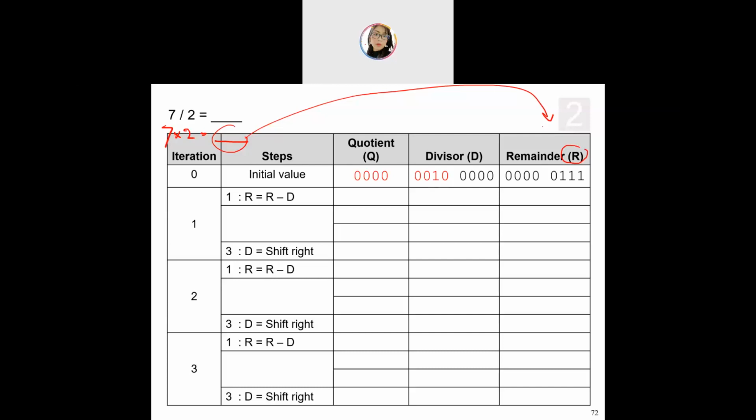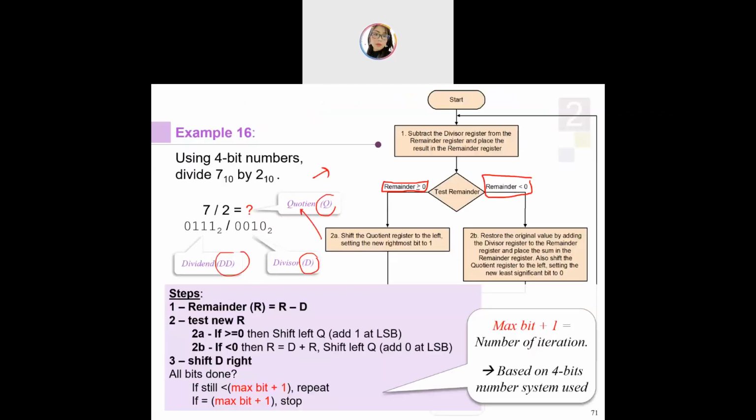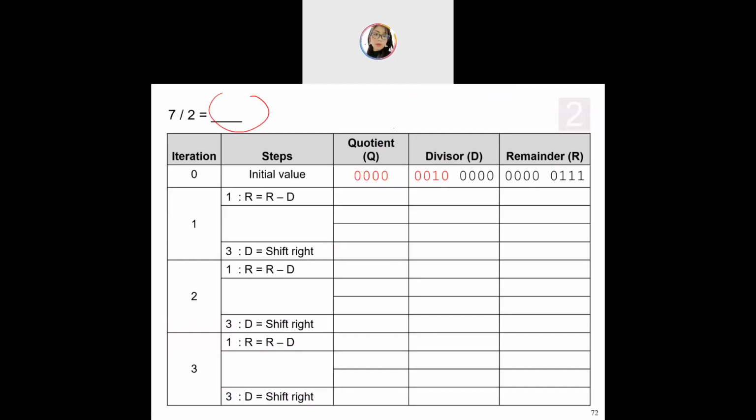But for division, it will be this one as the remainder here for the first initial value. And your quotient, because it's already mentioned, this is your quotient. Okay, so it will be quotient here, which is 0, 0, 0, 0. But for the multiplier, it will be the remainder for the quotient on the right side. So you need to remember the steps and how to apply between the two.